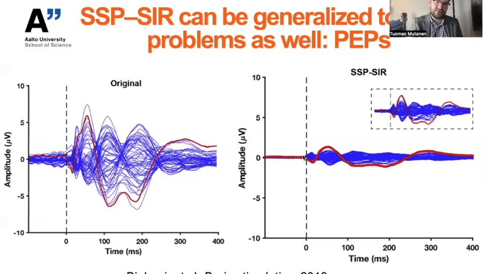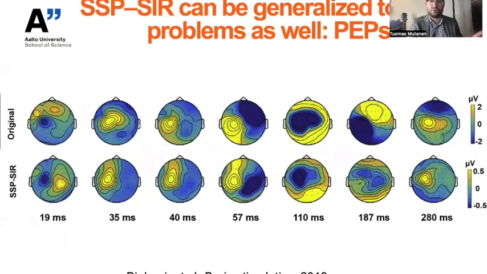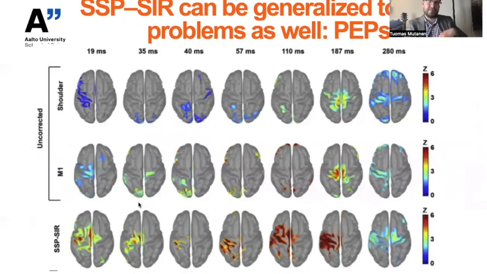You can see that the curves here are quite attenuated. But this is to be expected because both of these responses are now coming from the cortex. However, if we look at the topographies, we see something quite interesting. We see that we can actually recover quite different looking topographical patterns, especially in the beginning. And it gets even more interesting if you look into the source estimates after this cleaning.